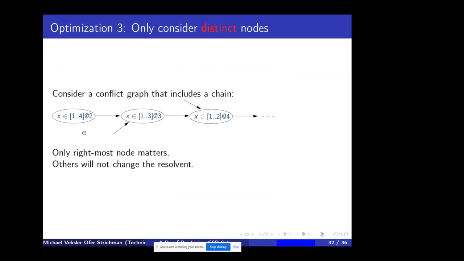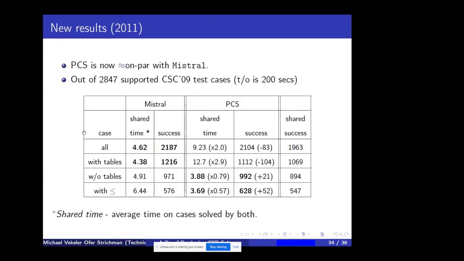If you're interested, those slides are available, of course. I will just mention a little bit about where it is today. In 2011, it was competitive with what used to be the leading CSP solver back then, which was Mistral. It had similar results.